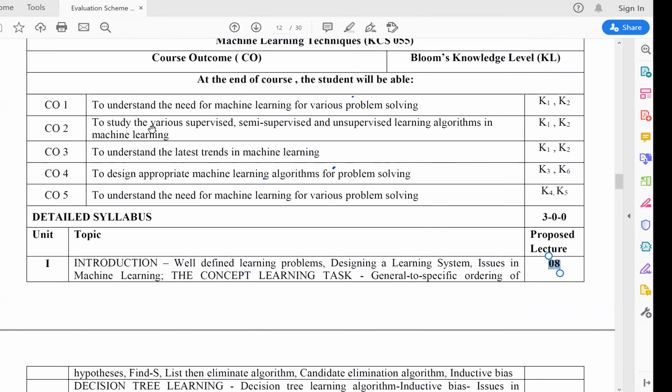Here you can see in this slide, course outcomes 1, 2 and 3 comprise knowledge levels 1 and 2. We will go up to the remembering and understanding level.